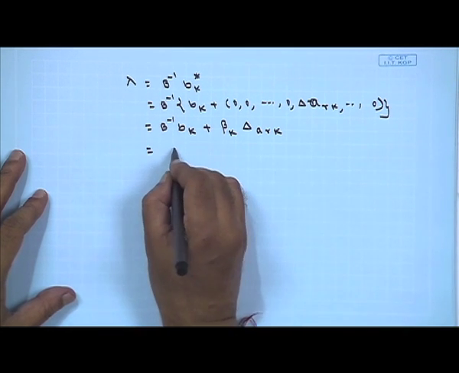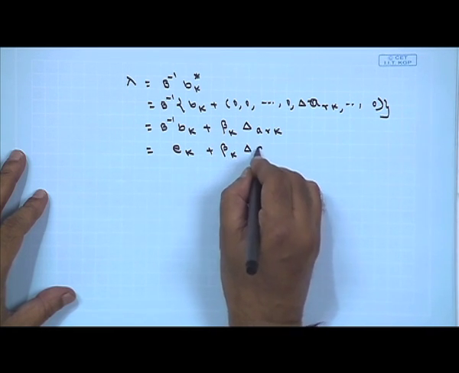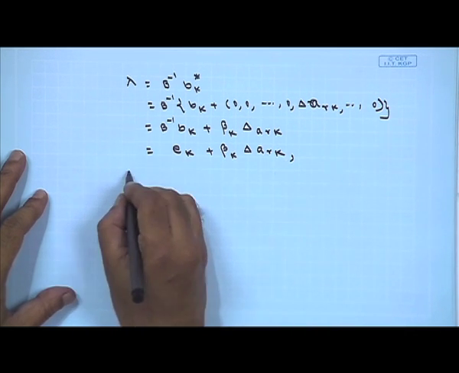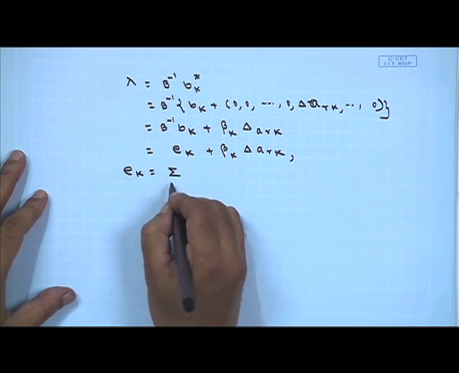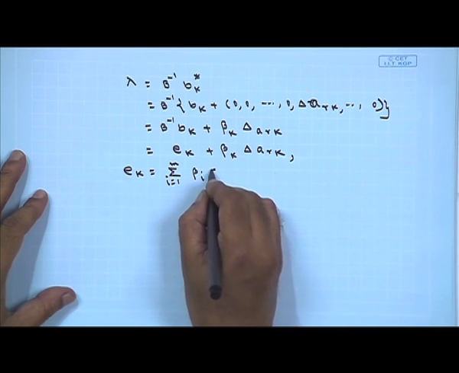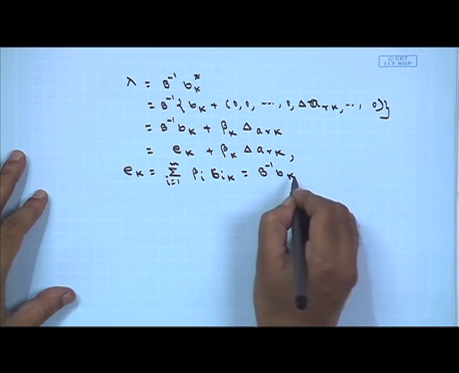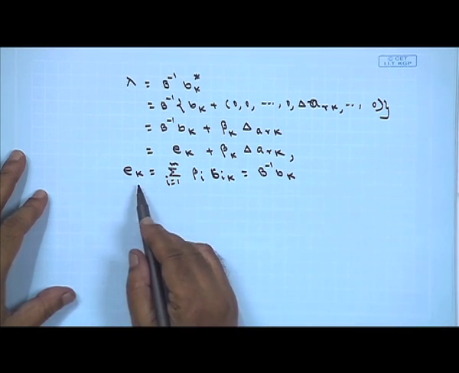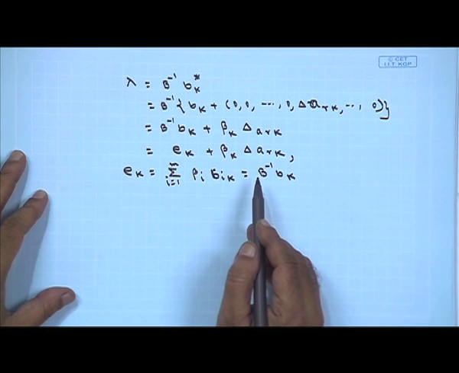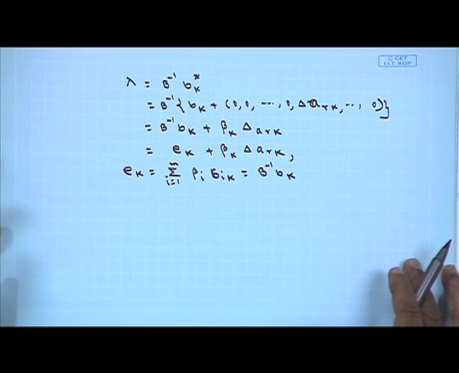So, B inverse B k is nothing but E k plus beta k into delta A r k, where E k is summation over i equals 1 to m of beta i into b i k, which equals B inverse into B k. So, basically E k is the unit vector whose kth element is 1 and others are 0.